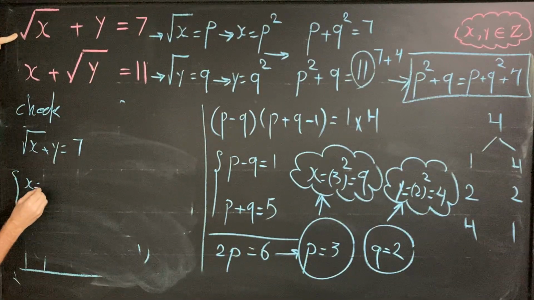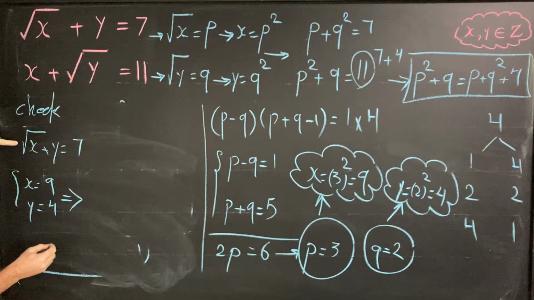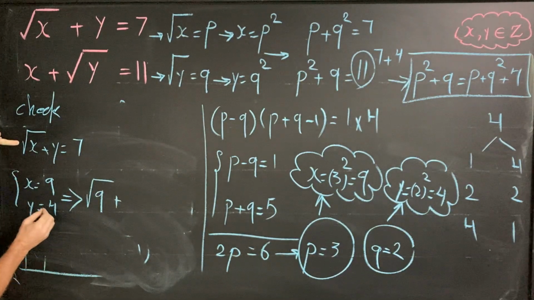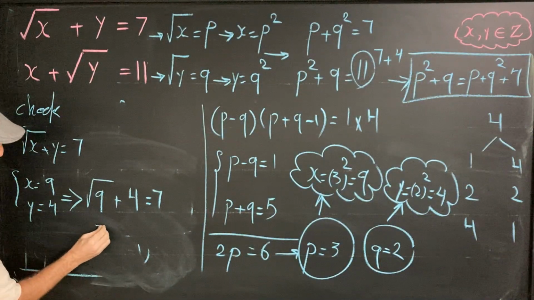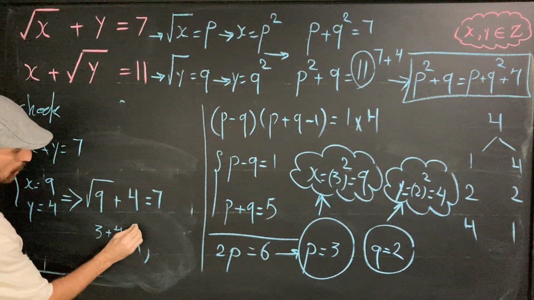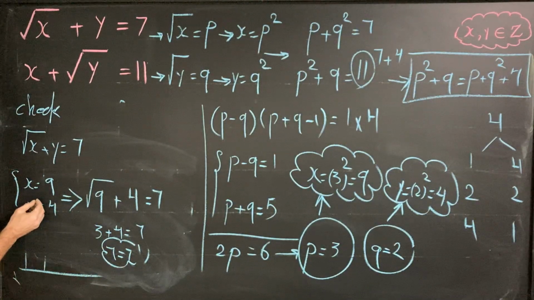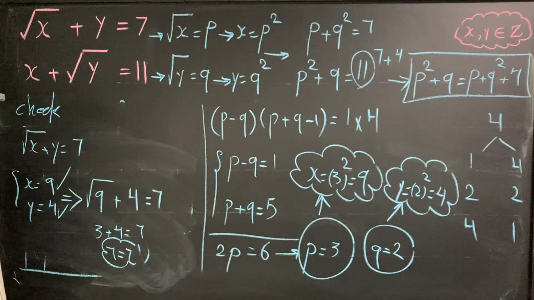When x is 9, y is 4. The equation is going to be the square root of x, which means the square root of 9, plus y or 4 equals 7. The square root of 9 is 3, plus 4 equals 7. 7 equals 7. So x equals 9 and y equals 4 are a valid answer. They can be our answer.